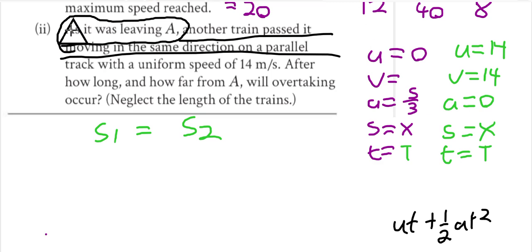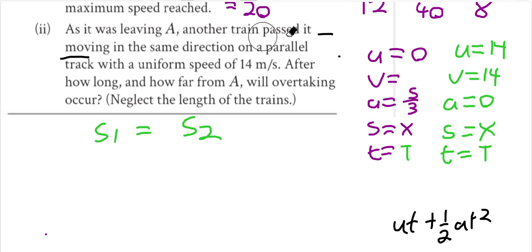If there is a time lag where I start one of them 2 seconds before the other one, just use t and t plus 2, and then you can still equate them to each other. Student: Like in the Leaving Cert, will they ever ask that?